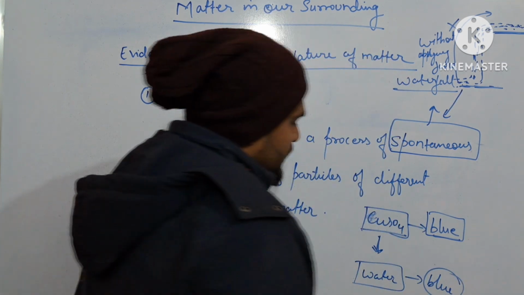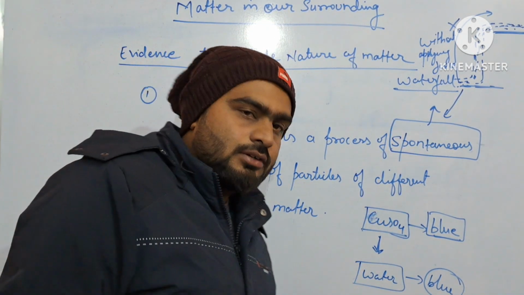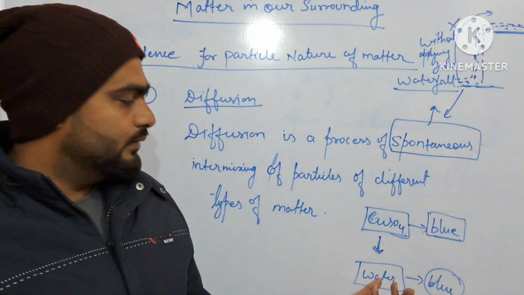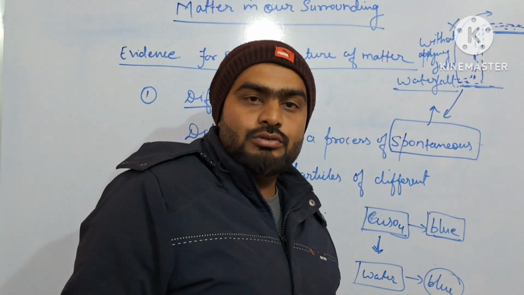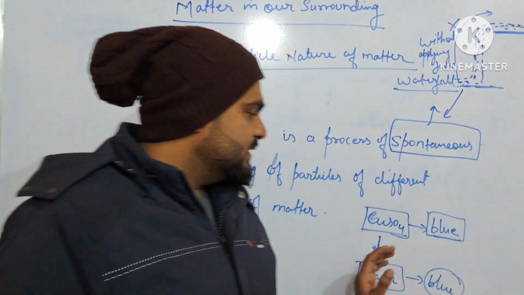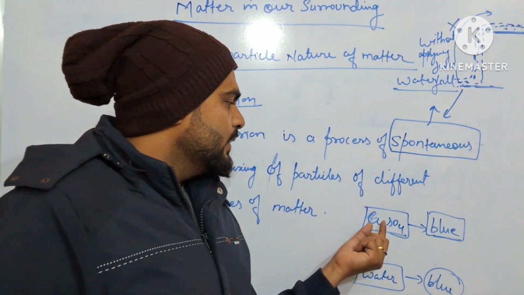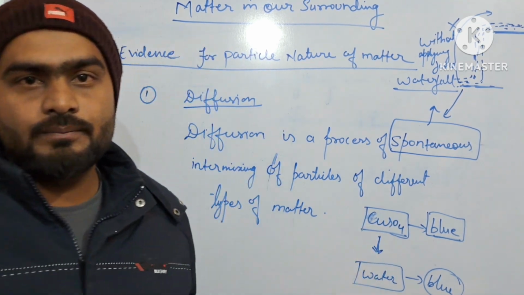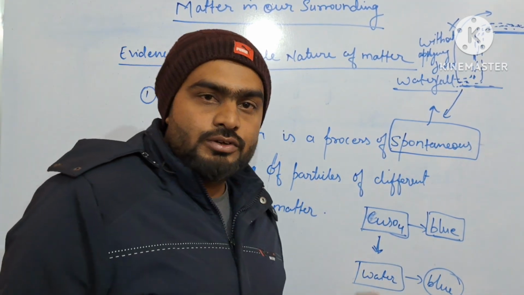That means the solid is completely mixed into the water, and the color changes from colorless to blue. So at this stage you can say that the solid is completely miscible in the water. So that is known as diffusion.